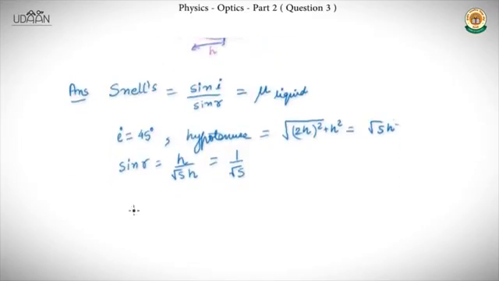So mu is equals to sine I by sine R, which is sine of 45 degree, which is 1 by root 2, by sine of R, which is 1 by root 5. By this we get mu is equals to root 5 by 2.